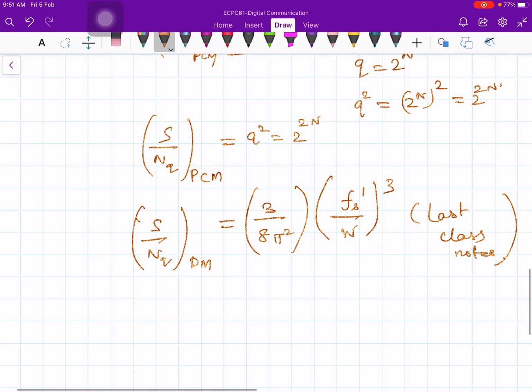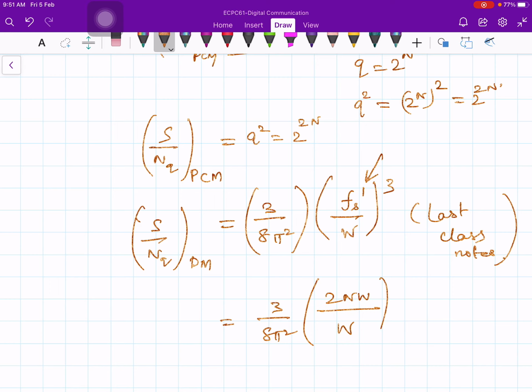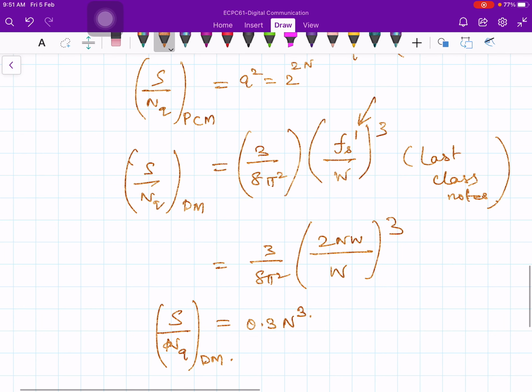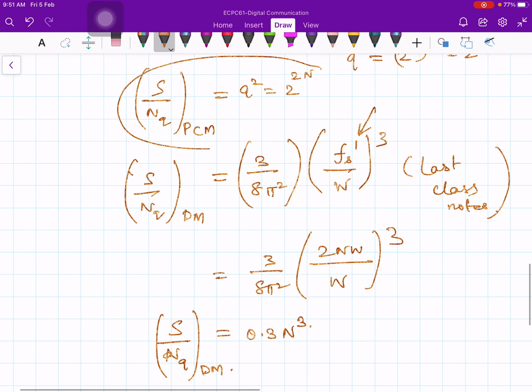Now substitute for Fs prime, and you will get 3 by 8 pi squared multiplied by 2NW whole cube. After simplification, this is going to be 0.3 N cubed. This is the signal to quantization noise ratio of the delta modulator. This one is for pulse code modulation, and this is for delta modulation.